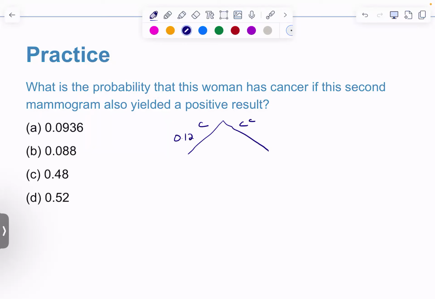The probability that they have cancer now is 0.12, quite a bit higher than 1.7%. And so now it's 12%, quite high. 1 minus 0.12 is 0.88. The probabilities of testing positive and negative, knowing that they have cancer or not, stay the same.